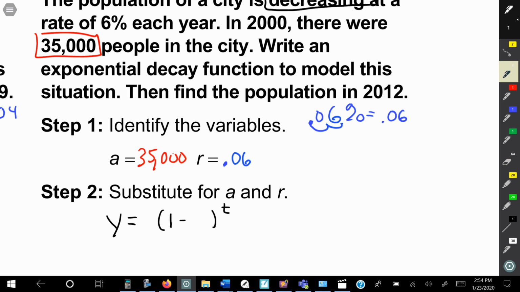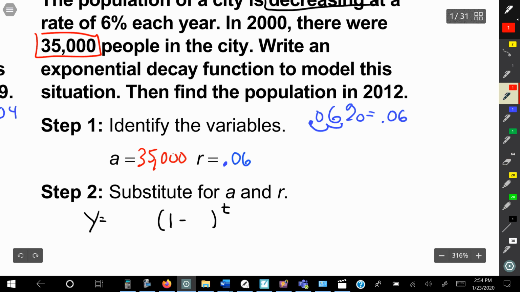Okay, so I'm plugging in my A. I probably need some more space than that. 35,000. And my rate, which is 0.06.